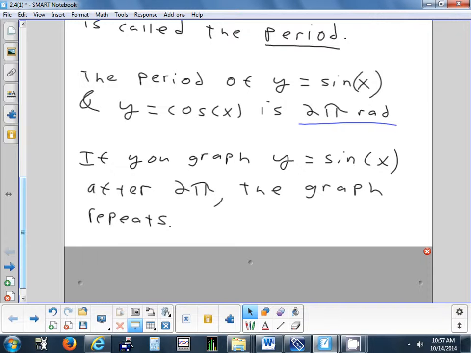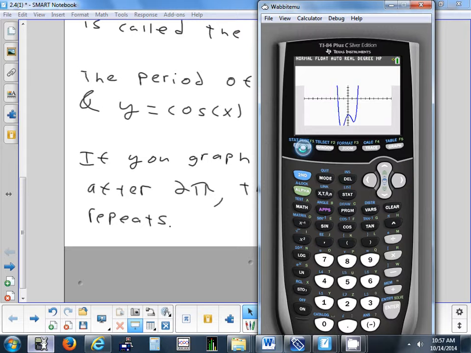Okay, and let me graph a portion of sine, just so you can kind of see this repeating pattern. So I'm going to graph the function sine of x.